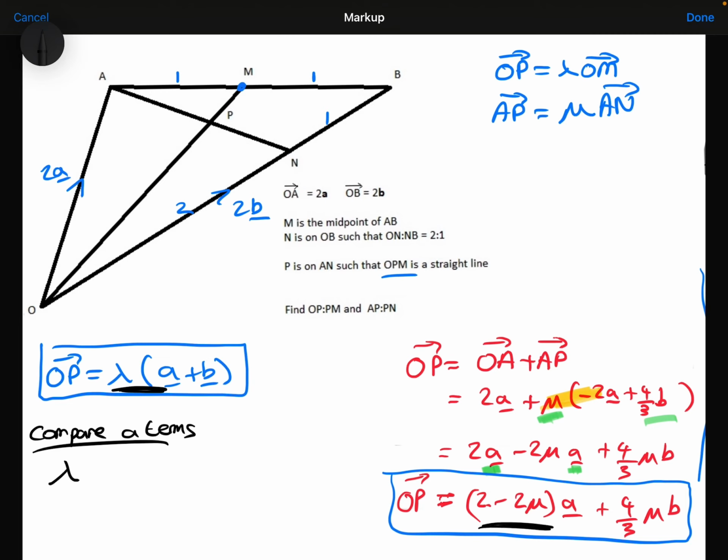The a term down here is 2 minus 2 mu. Right, let's now compare b terms. The b term here is just going to be lambda times b, so lambda. The b term down here is going to be 4 over 3 mu.